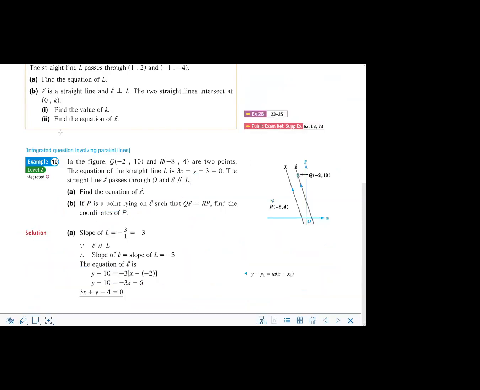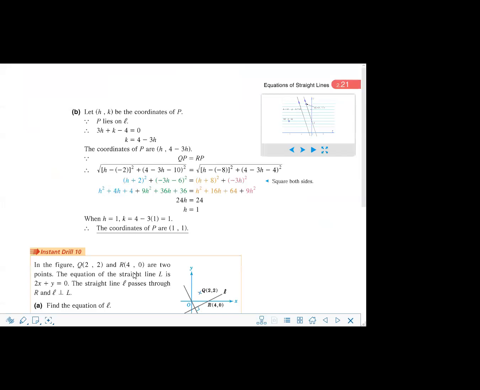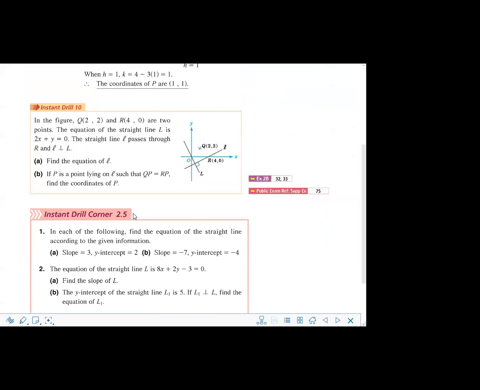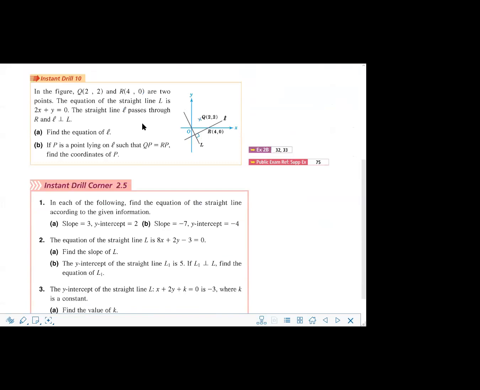Now I would like you to do the instant drill number 10. So please do it in the Math app. I mean, upload it to the Math app. So I give you 6 minutes for this. This is page 2.21.